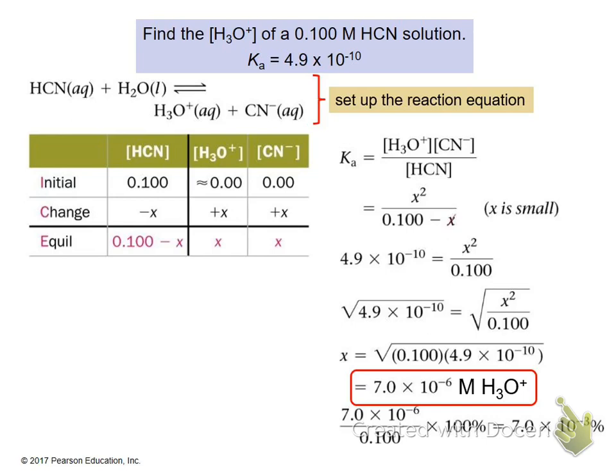So you can validate it by dividing the value of x that you calculated by the initial concentration of the acid, which is 0.100, multiplied by 100%. So if the percent is less than 5, then it's valid. Otherwise, it's invalid.